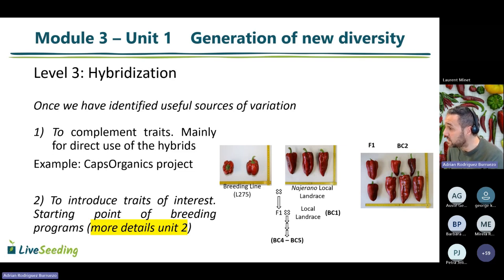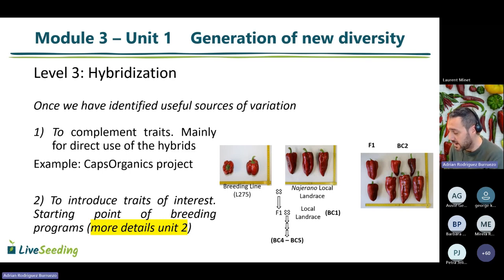So we are studying different combinations of local landraces with resistant breeding lines to be used, why not, as direct varieties. This is the first sub-program: a battery of crossings between local landraces and breeding lines to evaluate directly their marketing opportunities as F1s.